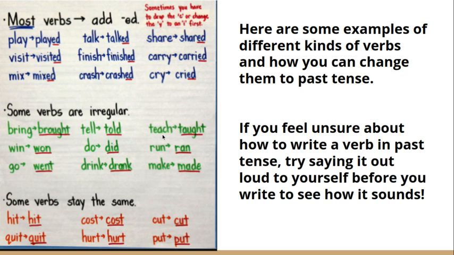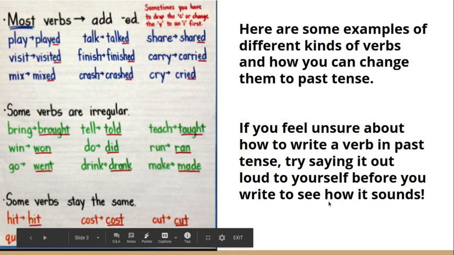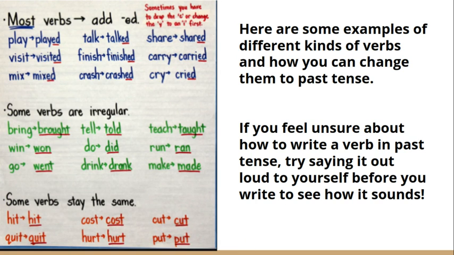Right now, he teaches, but if it already happened, he taught. Okay, so these are some irregular verbs, and then some stay the same. So like hit, he hit her, stays the same whether it's happening right now in the present tense or it already happened in the past tense. Some more examples are cost, cut, put.